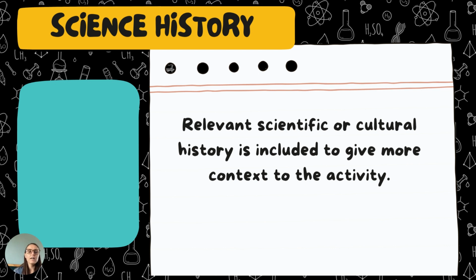After that, we hit them with some science history. A lot of our stuff is linked to different regions, or it's linked to books, or it's linked to very specific aspects of this. So, not always, but a lot of times there'll be some sort of science history that we want to review with students. Like, why is this relevant whatsoever?